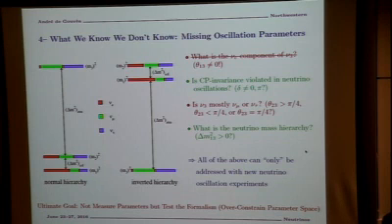Yes? So the question is, how much precision do we need to see those two oscillations at the same time? The answer is it depends what you want to see.